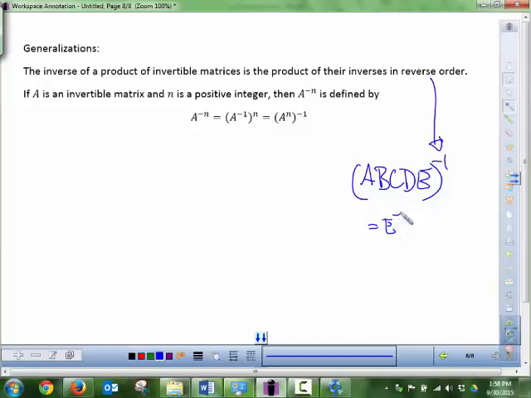So this would be E inverse times D inverse times C inverse times B inverse times A inverse. And this last statement says that if A, B, C, D, and E were all the same matrix A, then they could just be combined into a power.